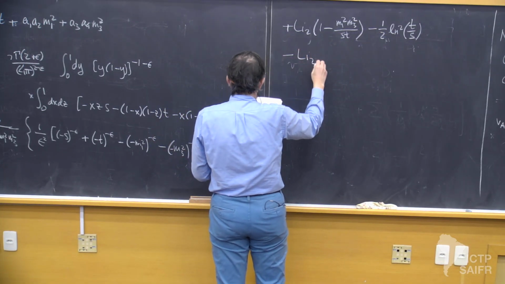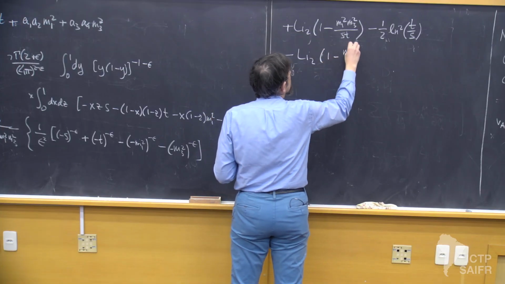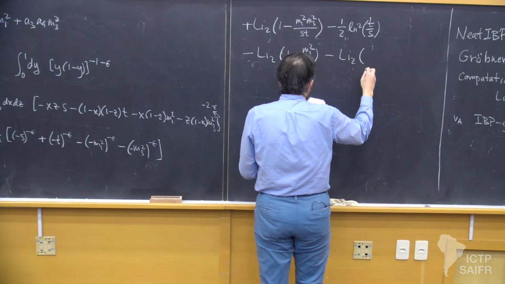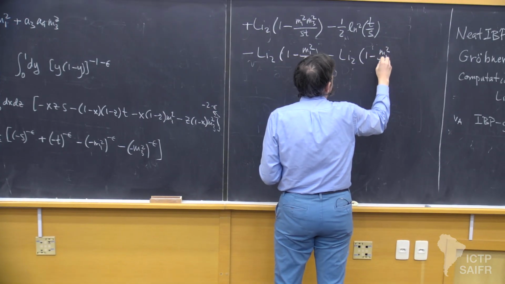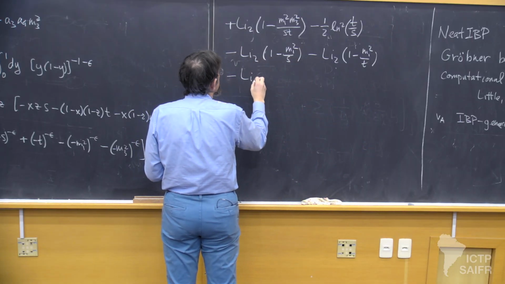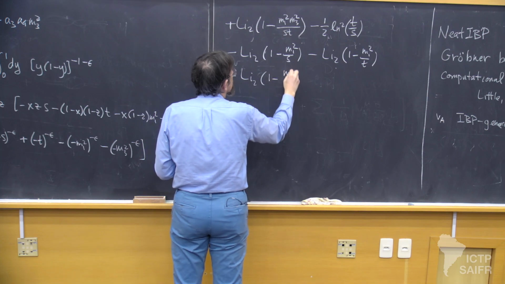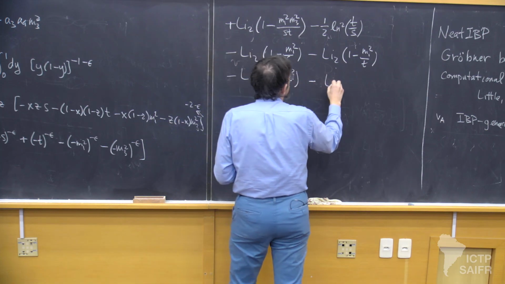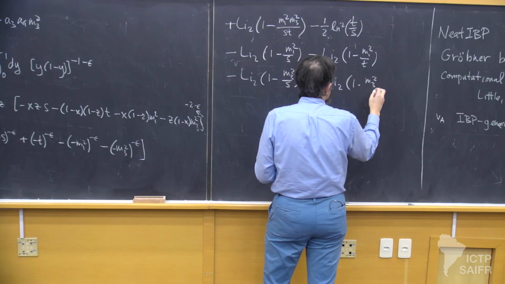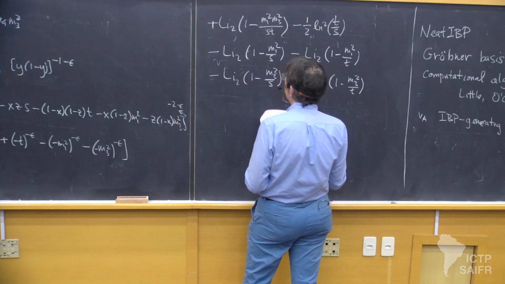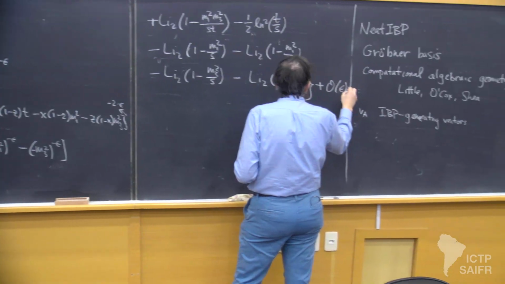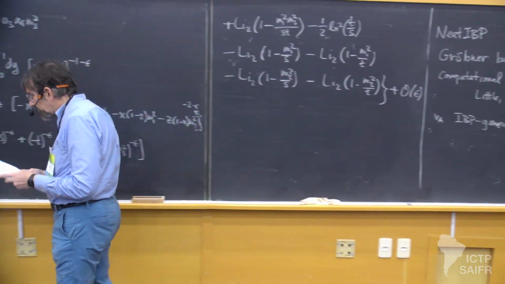So Li2(1 - m1²/s) - Li2(1 - m1²/t), and then the same thing with m3²: Li2(1 - m3²/s) - Li2(1 - m3²/t). And then, let me close the bracket, plus something that's of order epsilon, which here you could compute, but in general, we're not going to worry about it.